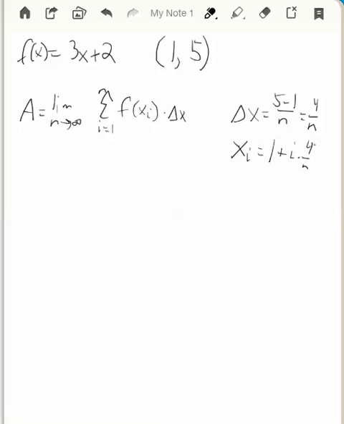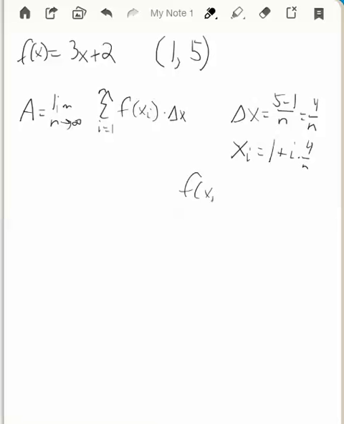I number of 4 over n's. Where am I starting from? 1. So to find my x sub I location, I start at 1 and I add in I number of 4 over n's. I know it sounds confusing, but that's all it really is: breaking it down by how many rectangles out you are, multiplying that by the base, and then just adding your starting location.